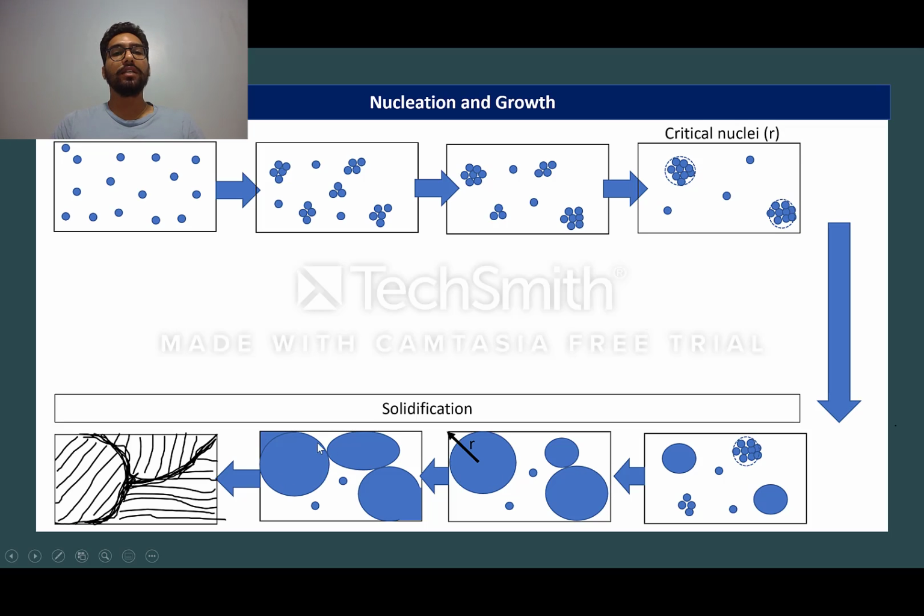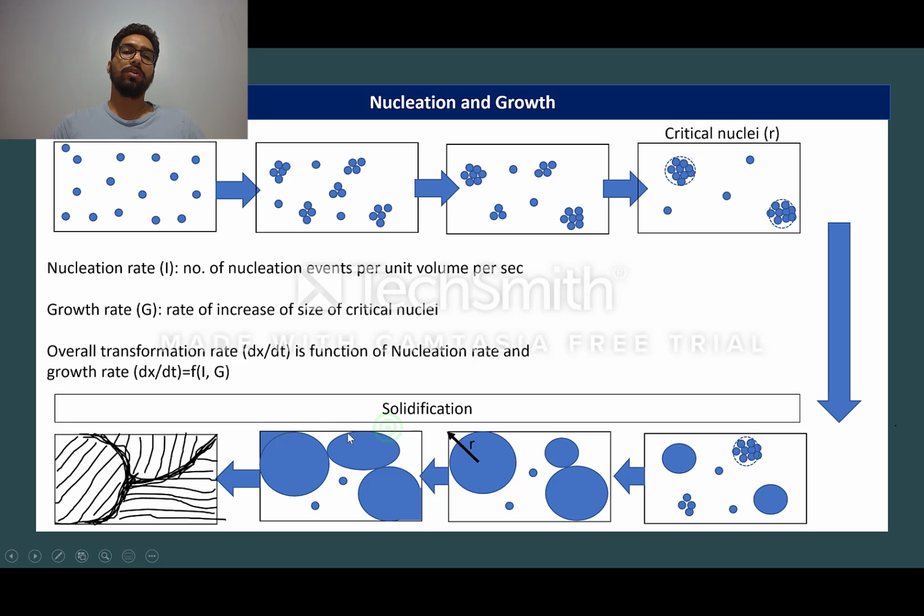When these sites come in contact with each other, that results in grain boundaries, or when these sites are at the boundaries of this box, that also represents the grain boundaries. So the number of nucleation sites results in the number of grains. For example, if 3 nucleation sites are there until the whole liquid solidifies, then only 3 grains will be formed.